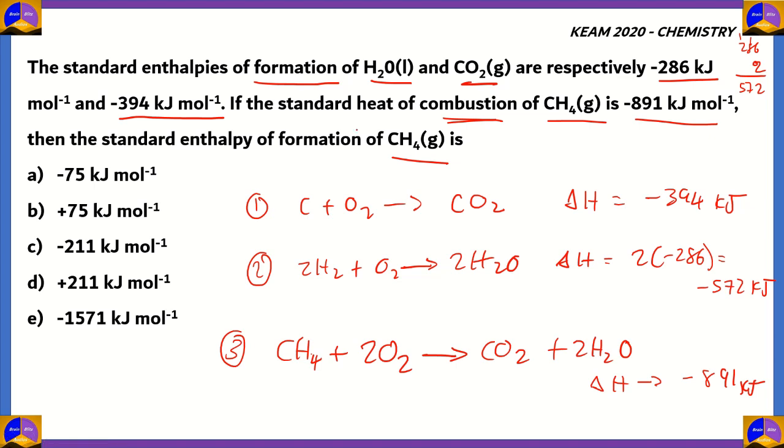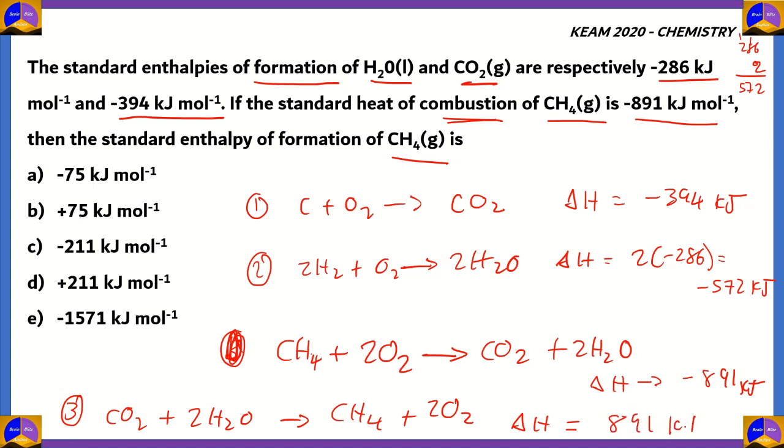Now, in order to proceed for this question, we will need to invert the third equation. So the third equation is inverted. And that equation is CO2 plus 2H2O gives CH4 plus 2O2. The delta H for this particular reaction is 891 kilojoules. Now what are we going to do?